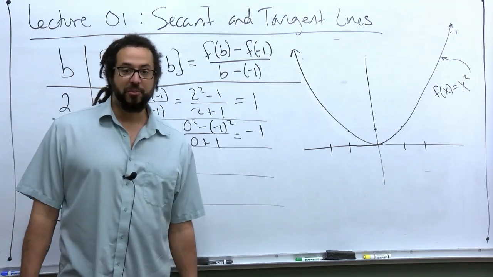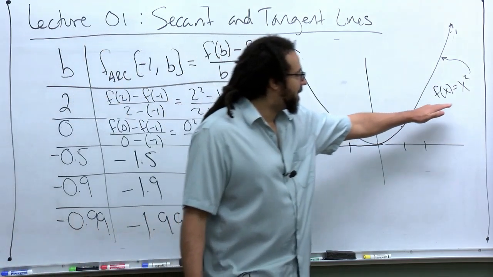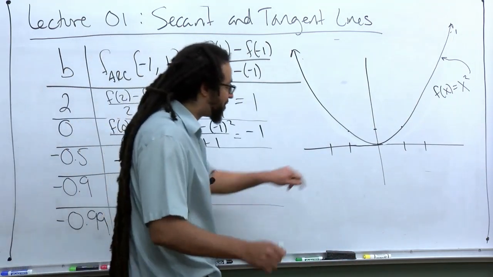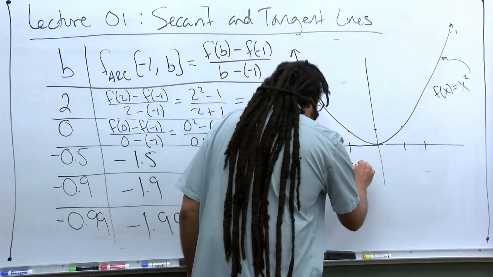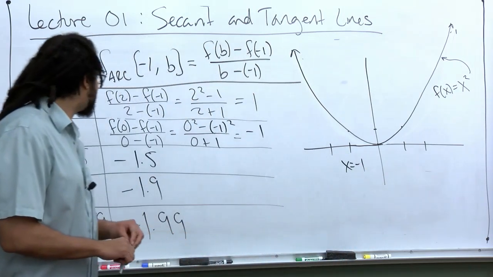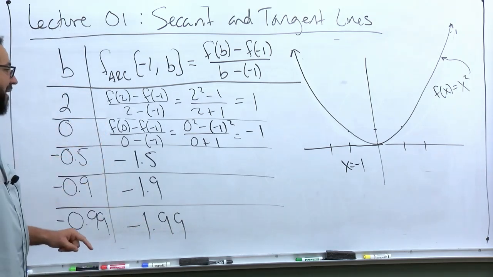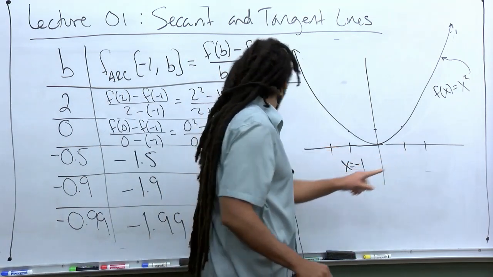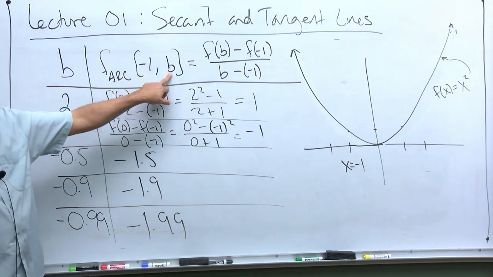Okay, now to compute the instantaneous rate of change of this function f(x) = x squared, we want the instantaneous rate of change at the point where x is equal to -1. And so what we will do is compute a bunch of average rates of change. The first thing we'll do is look at the average rate of change on the interval from -1 to b equals 2.